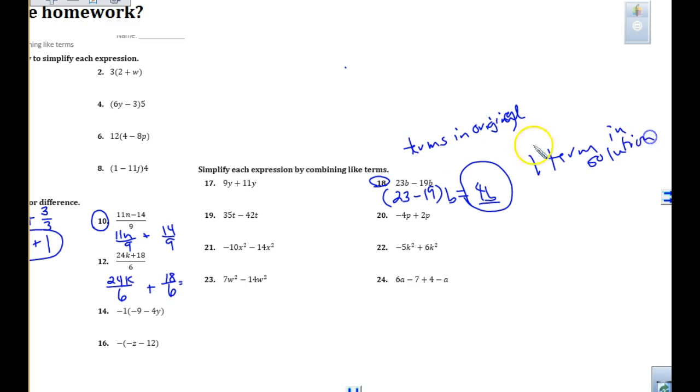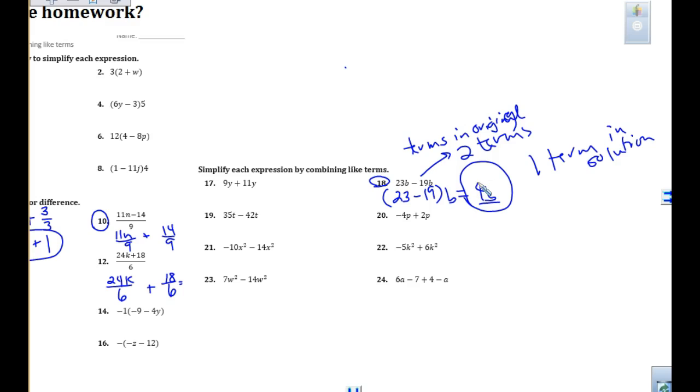If I looked at the original problem, there were 2 terms here. On your quiz today, I might ask you how many terms in this part, and I might ask you in this part. Terms are separated by addition and subtraction. If you don't have that in your notes from the first day on D1, go back and turn to those notes.